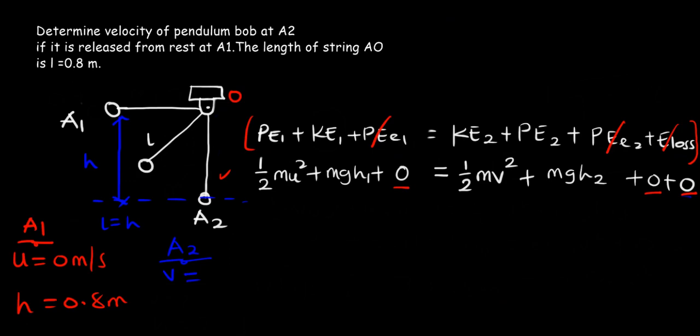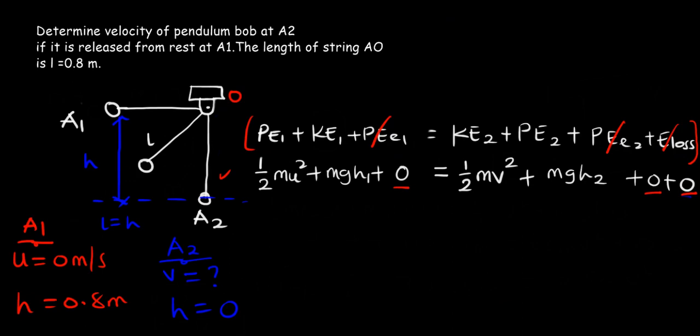That's the velocity we have to find, so we don't know this velocity yet. Then at position A2, since we are considering A2 to be the reference line, the height there will be equal to zero, because that's where we are starting the reading from. So now we know these two values for the pendulum bob at position A1 and position A2.